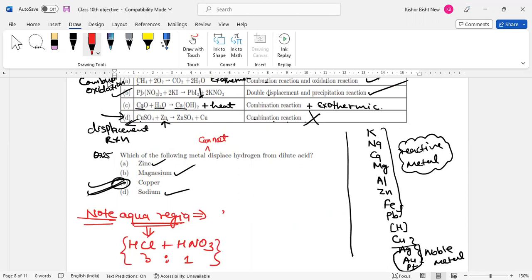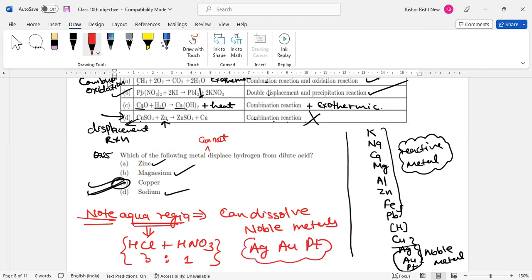This aqua regia can dissolve noble metals, here Ag, Au, and Pt. These metals are also called coinage metals, because in ancient history these metals were used to make coins.